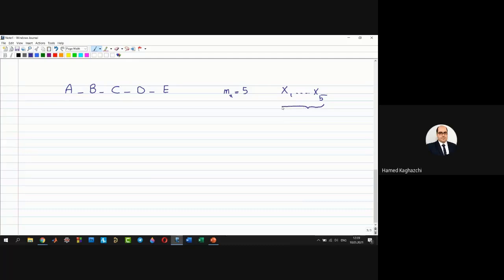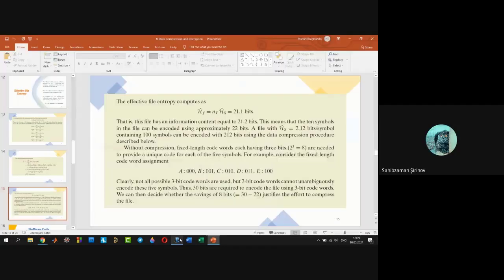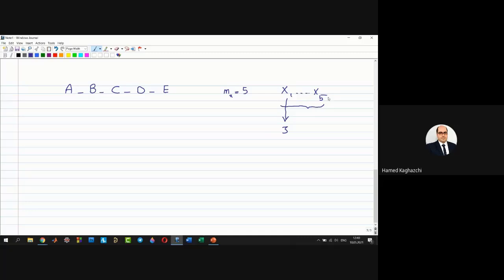No, for each symbol, minimum how many bits do I need? 3. Why? Because we can represent 4 symbols by 2 bits, but you have 5 different symbols. For representing 1 up to 5, minimum you need to have 3 bits.